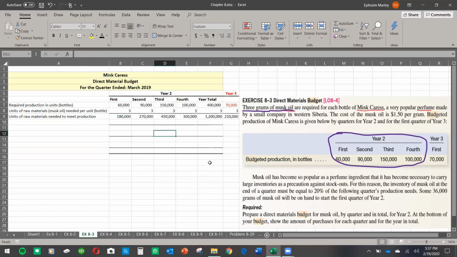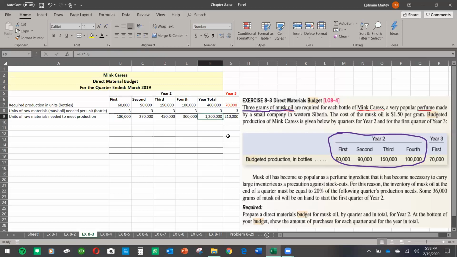And there we go. In the first quarter, we will need 180,000 grams of musk oil to produce 60,000 bottles. In the second quarter, we will need 270,000 grams of musk oil to produce 90,000 bottles, and so forth.